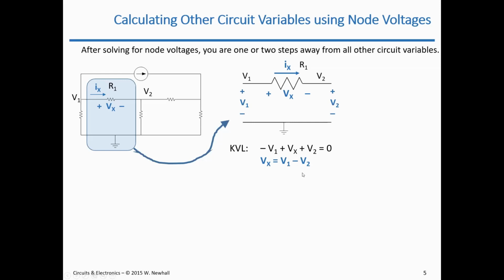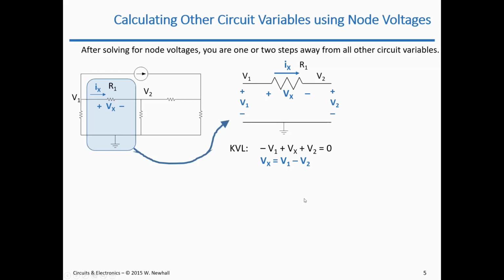So if I know my node voltages, V1 and V2, let's say I solved for them through node voltage analysis, then with one step, I can figure out the voltage across that resistor. So Vx with its positive side on the left associated with V1 is equal to V1 minus V2.